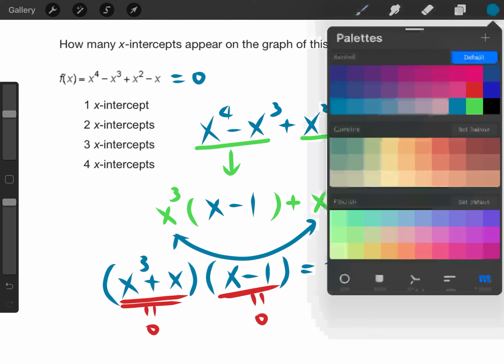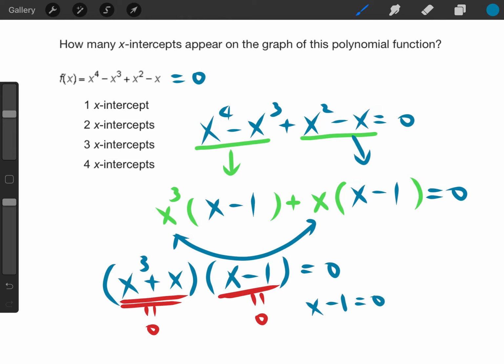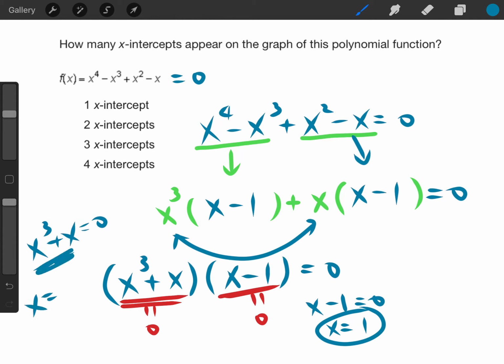In this case, x minus 1 equals 0, x equals 1. That's going to be your first x-intercept. Then x cubed plus x equals 0. The only way this could happen is when x equals 0. So your second x-intercept is going to be 0. You got two different x-intercepts. Your answer is going to be 2.